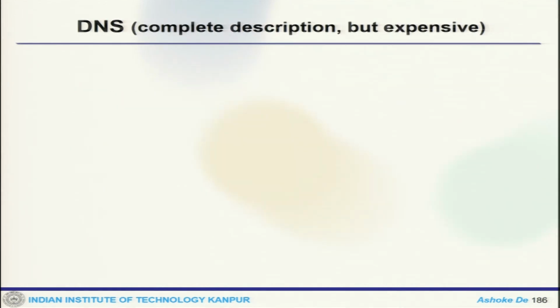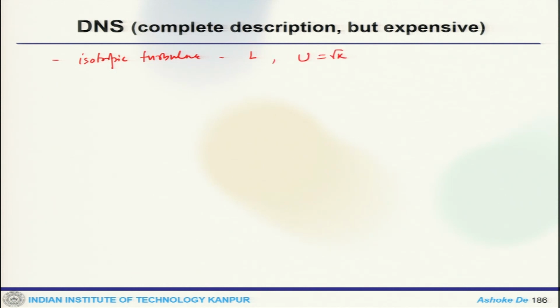What you can note here is that DNS can give you the complete description, but it is quite expensive. Now, consider isotropic turbulence, again a specific case, with a size L and velocity scale u.